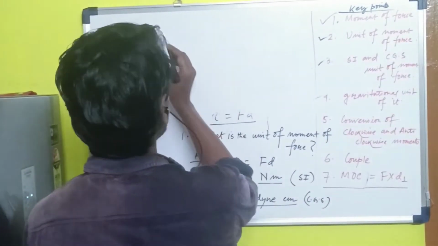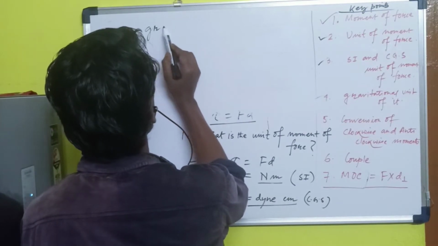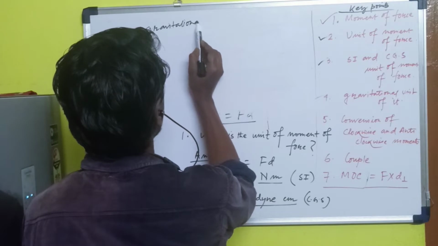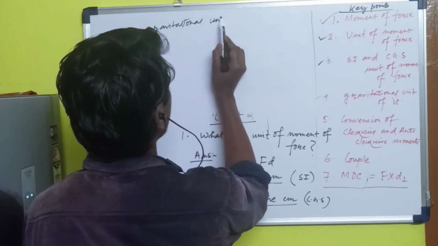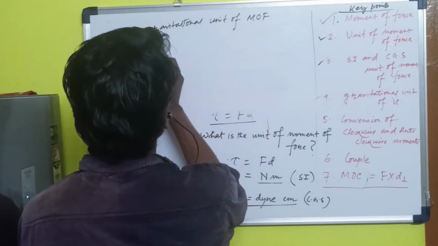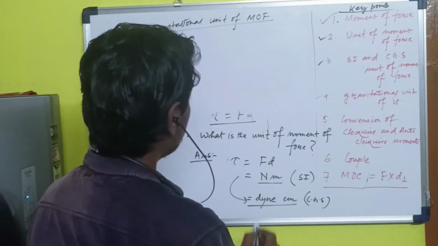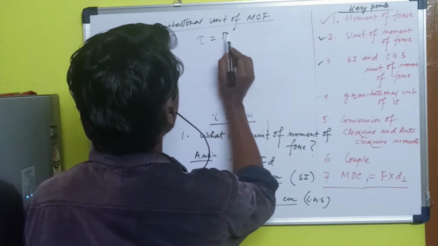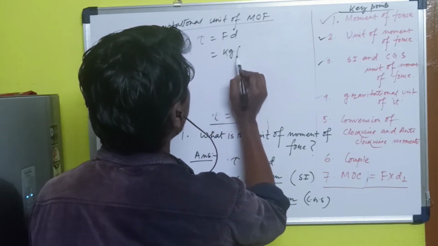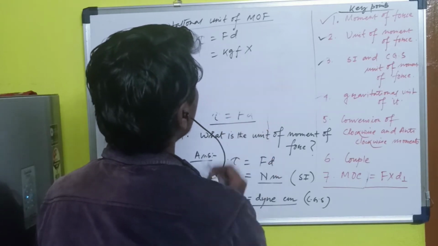So the gravitational unit of moment of force is tau equals F into d, where in place of F we can write kg weight or kg force, into meter.